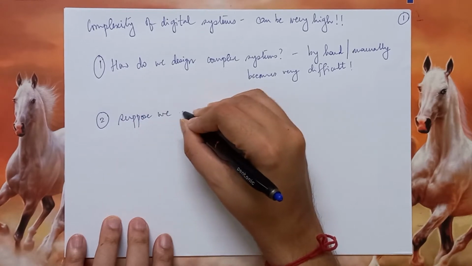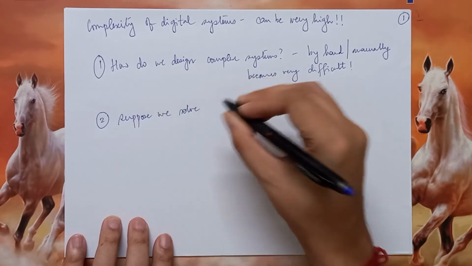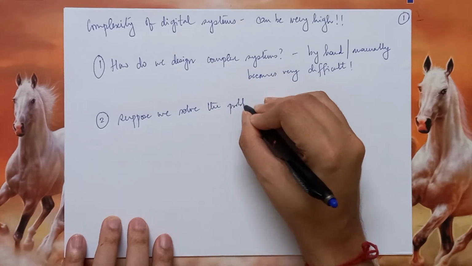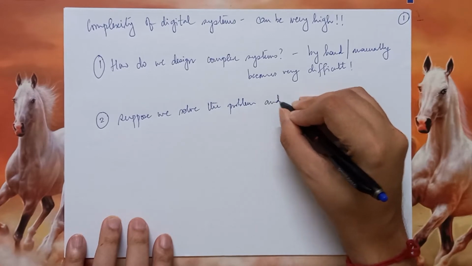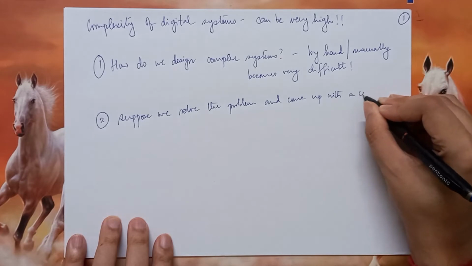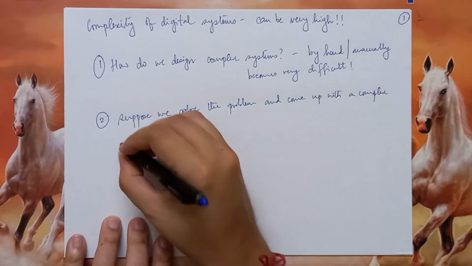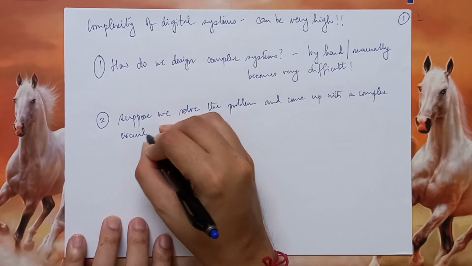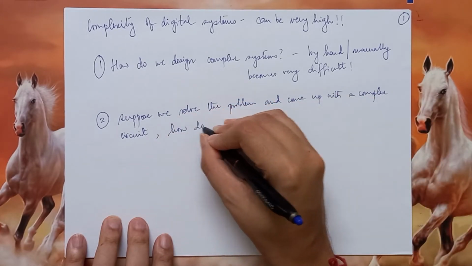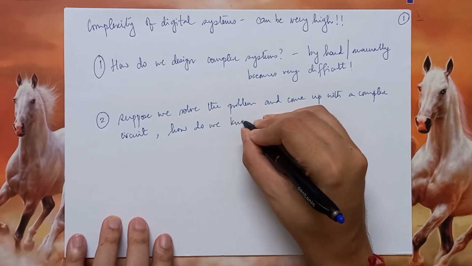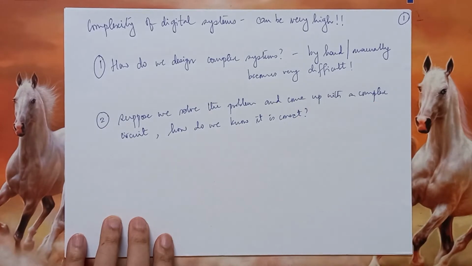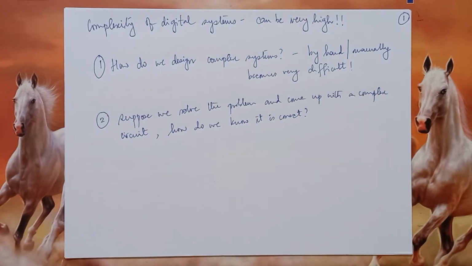Suppose we solve the problem and come up with a complex circuit. How do we know it is correct? How do we know that it's correct?